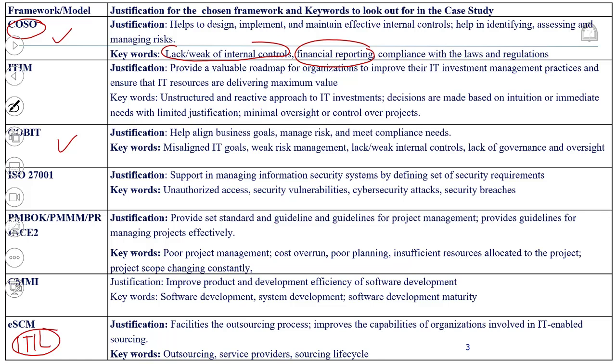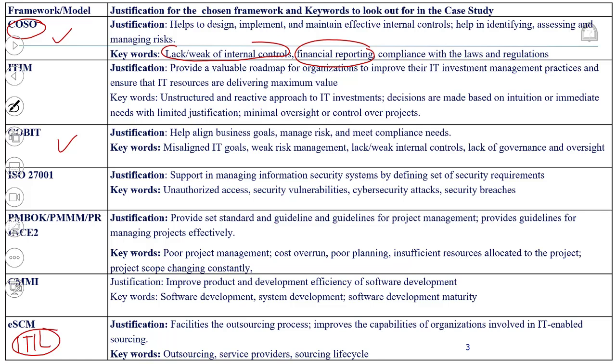In terms of what to look for in COSO: weak internal controls, financial reporting, compliance with laws and regulations. If you see such things in a case study, and you're asked to identify or suggest a framework, then COSO could be one that you suggest.